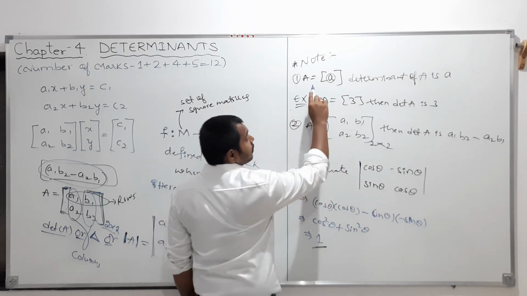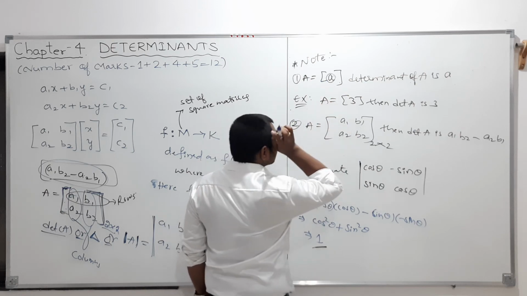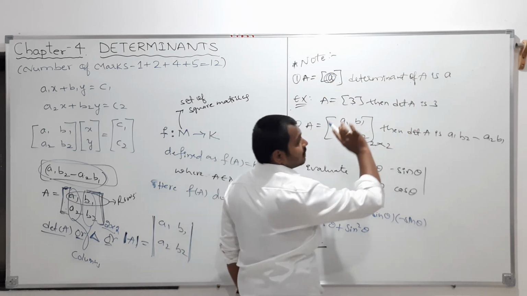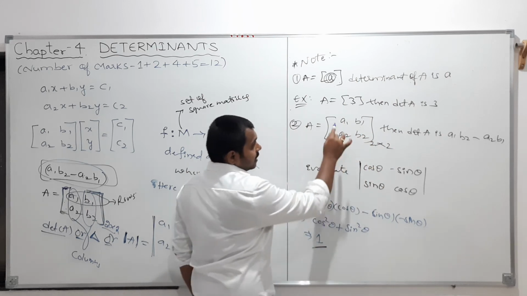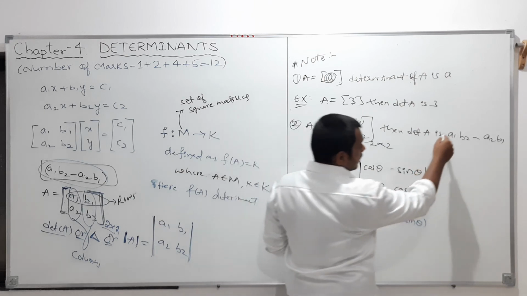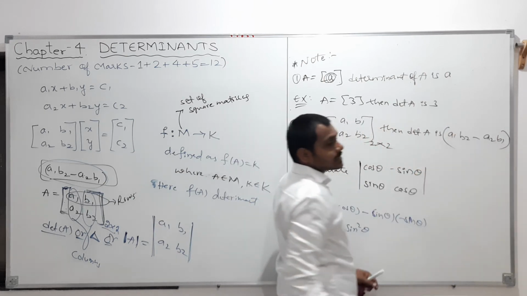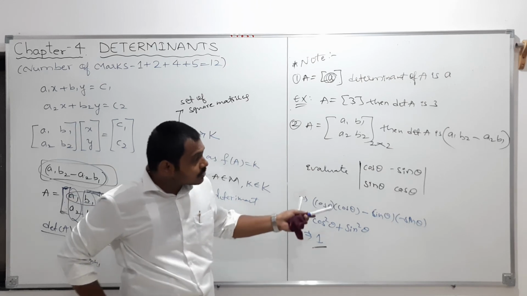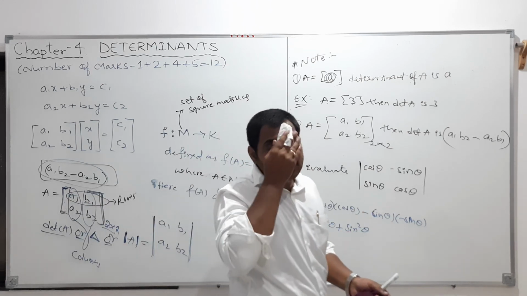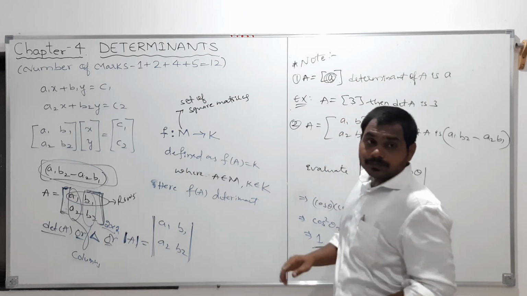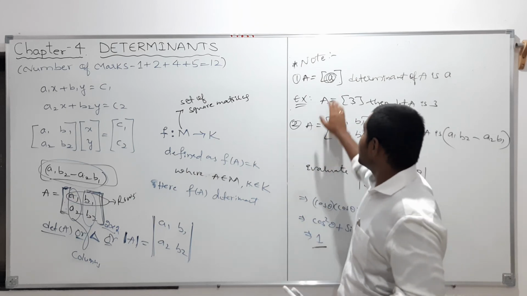If they give you only a matrix of the order 1, then whatever element is inside the bracket, that element itself is the determinant value. If the given matrix is of the order 2 cross 2, then you should calculate like this: a1 b2 minus a2 b1. My students, more examples we will discuss in the next class, on how to calculate the determinant value for any given matrix.